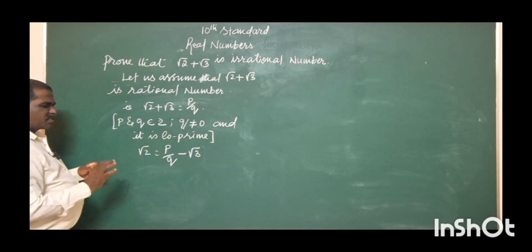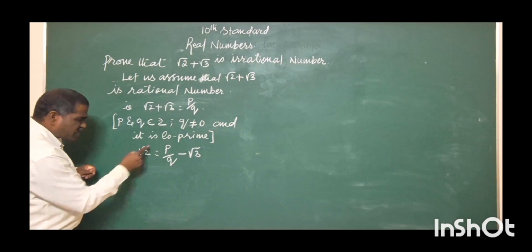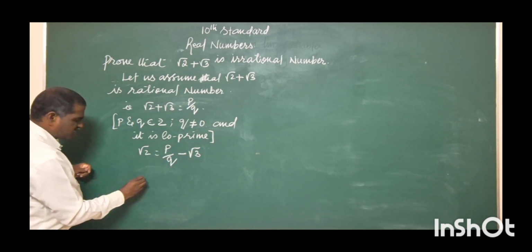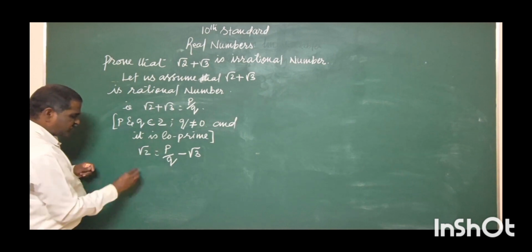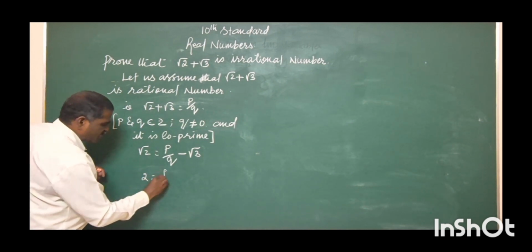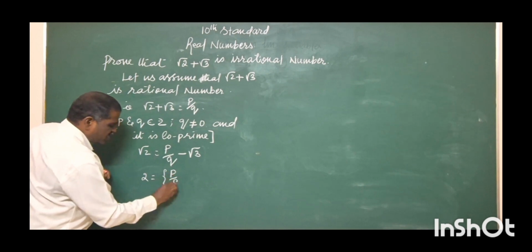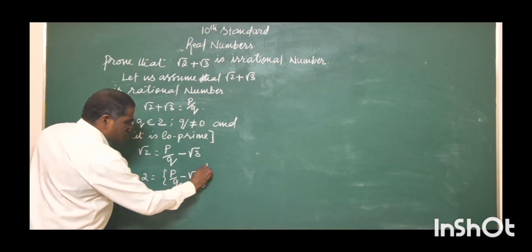That is one option; otherwise, squaring both the sides. So root 2 is equal to p by q minus root 3 whole square.